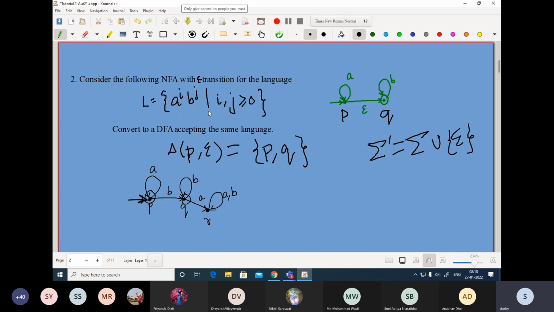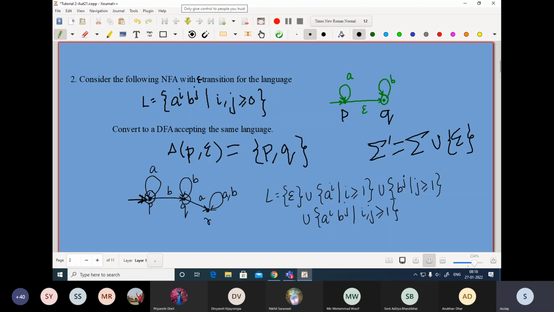So what can there be? You have strings of the form a to the i. You have epsilon. L is equal to epsilon, union strings of the form a to the i such that i is greater than or equal to 1, union b to the j such that j is greater than or equal to 1, union a to the i, b to the j such that i and j are both greater than or equal to 1.